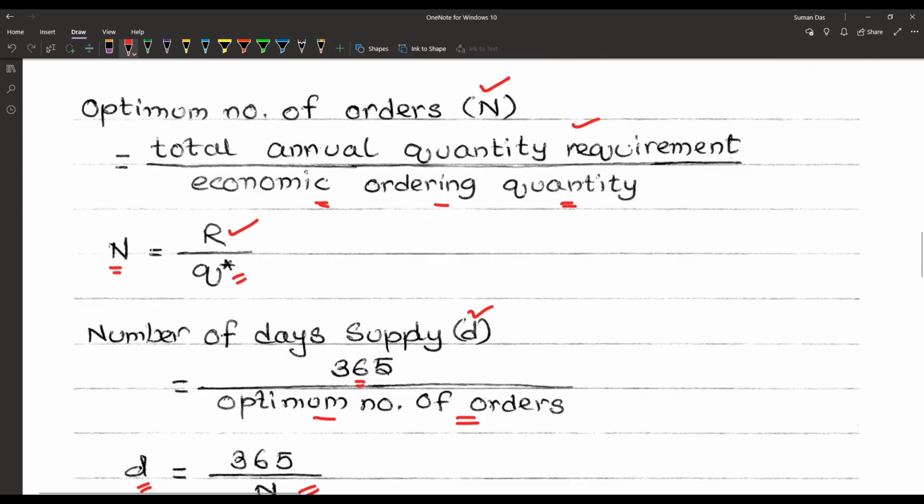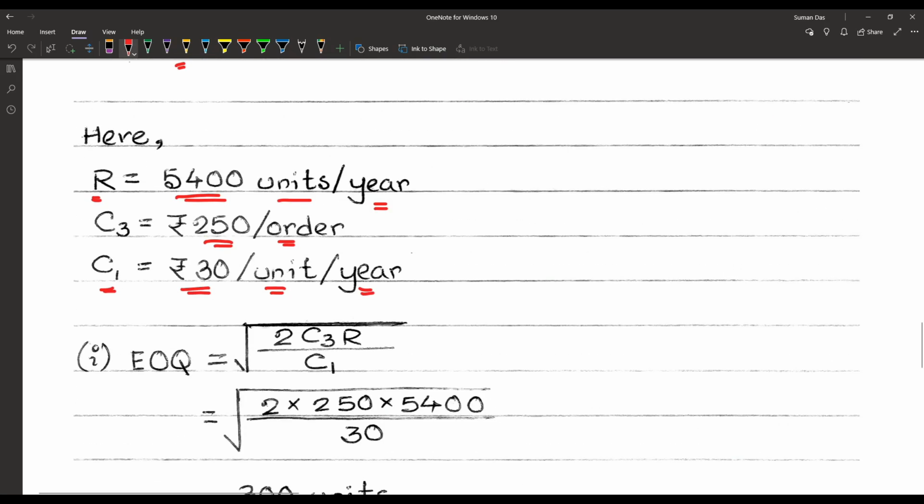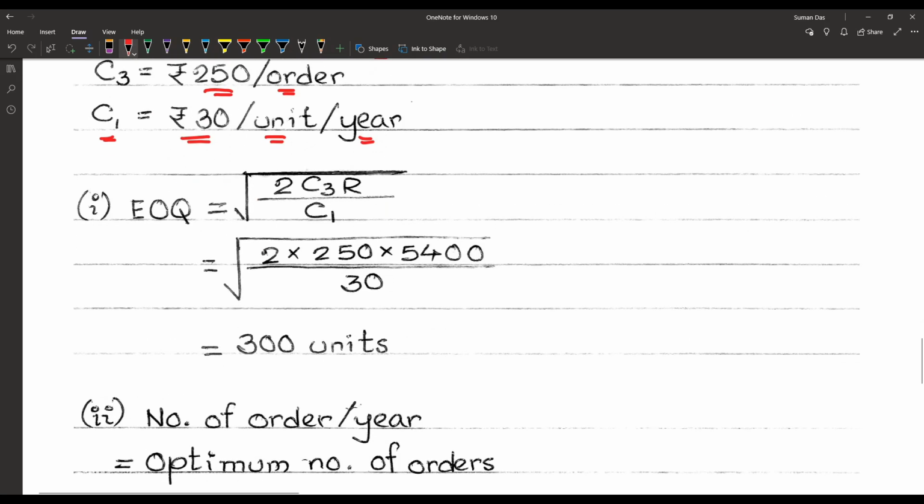So EOQ equals square root of 2 into 250 into 5400 upon 30, and the EOQ is 300 units. So that is the first solution.